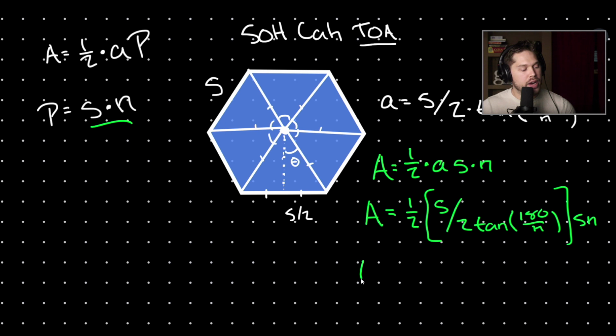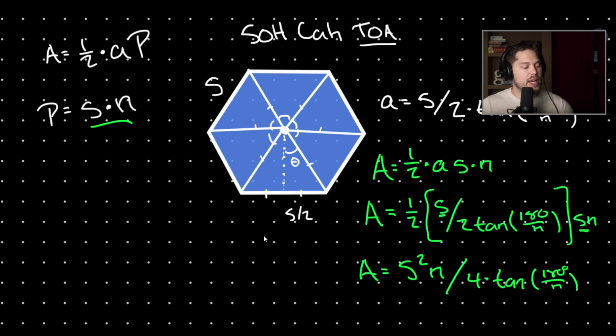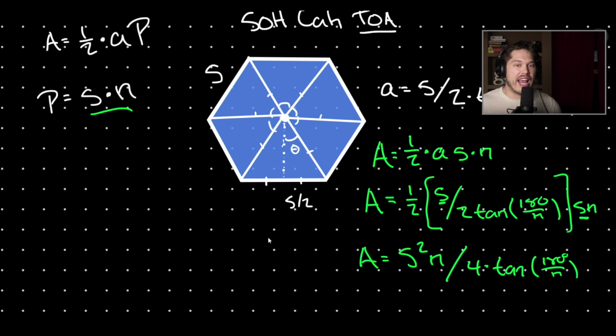We have area equals, so the 1/2, this 2 will multiply by the 2 in the denominator to give us a 4 in the denominator, and this s in the numerator will multiply by this s and this n to give us s squared times n divided by 4 times the tangent of 180 degrees over n. And there we have it. So if you only have the side length of your polygon, you can calculate the area.